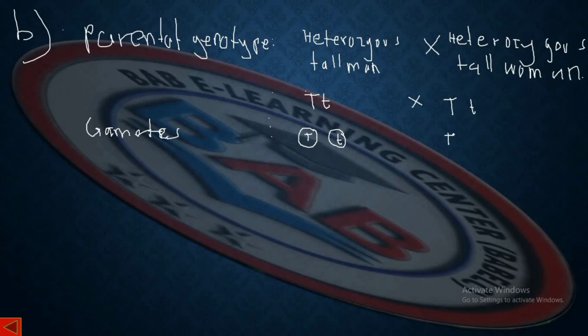These two also separate. They undergo segregation such that they form gametes, each with a single allele, such that during fertilization, a diploid condition is retained. Fertilization.